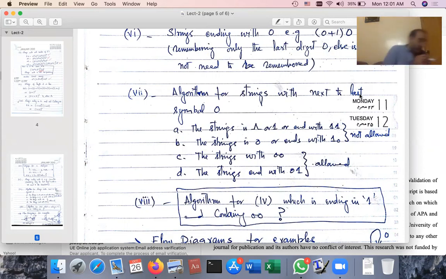So if I have to produce a regular expression for such a language, what do I have to keep in my mind first before writing that regular expression? If the next to last symbol is 0, then 0 is the compulsory part. Then null is not a proper string for this language, and a single symbol is not a proper string either.